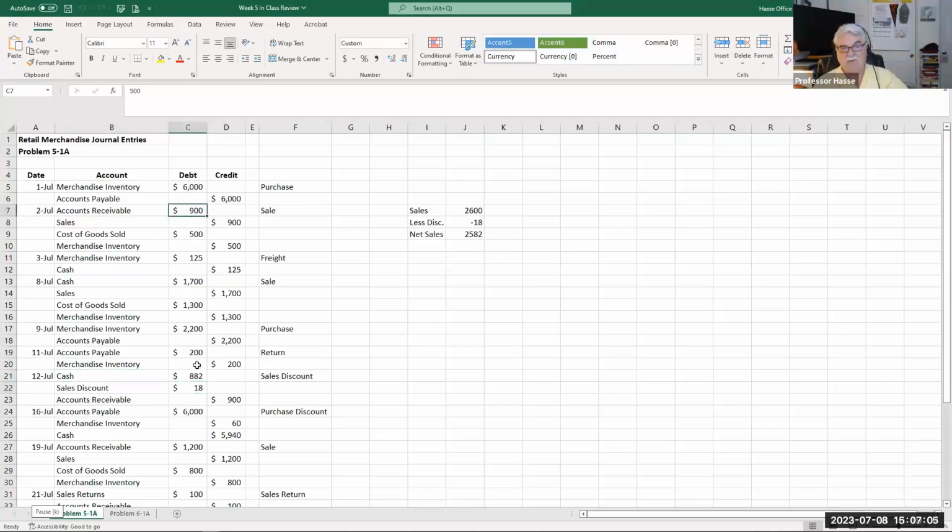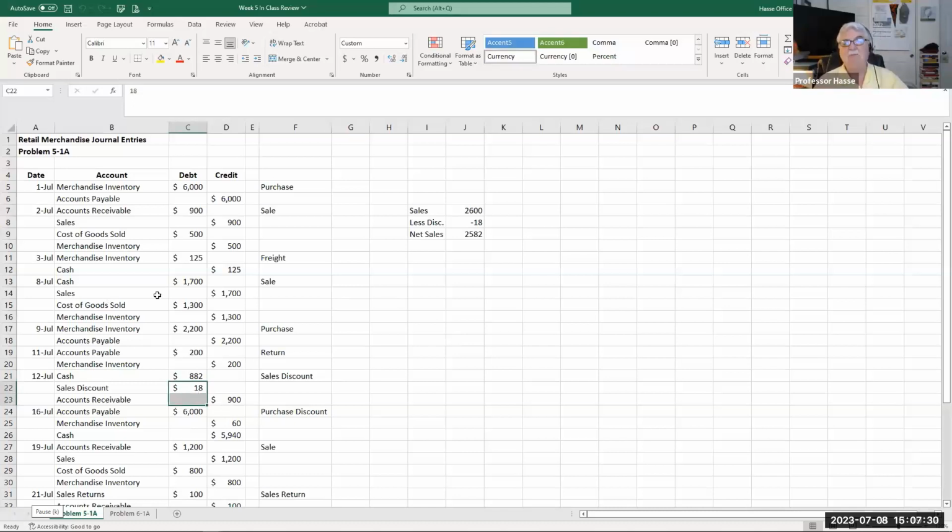2% of 900 is 18 bucks. So I wipe out the receivable, but I only collect cash, the $900 less the discount. So they're only going to give me cash of $882. The remaining $18 goes into a debit account on sales discounts, which reduces the sale by $18.